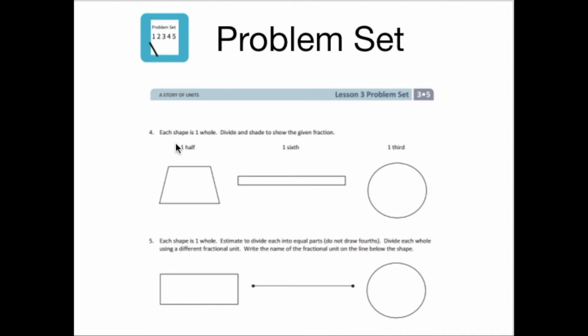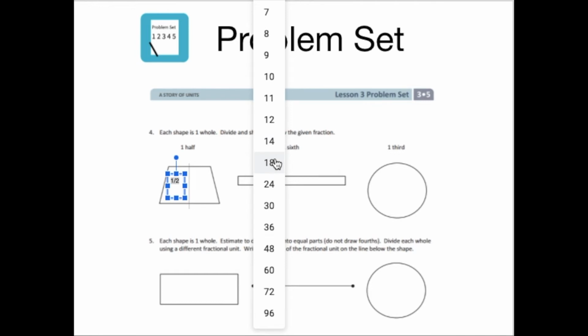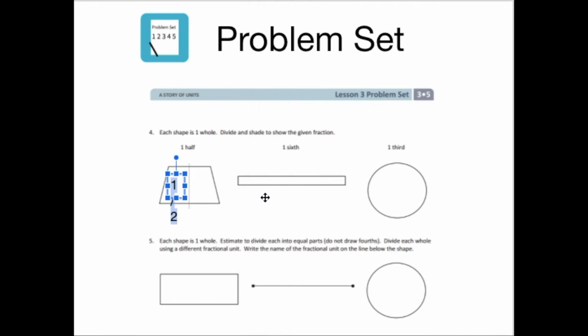So for example, you are going to take this trapezoid, you are going to cut it into 1/2, then you're going to identify the fraction 1/2. I'm going to give you a few minutes of independent work time for number 4.